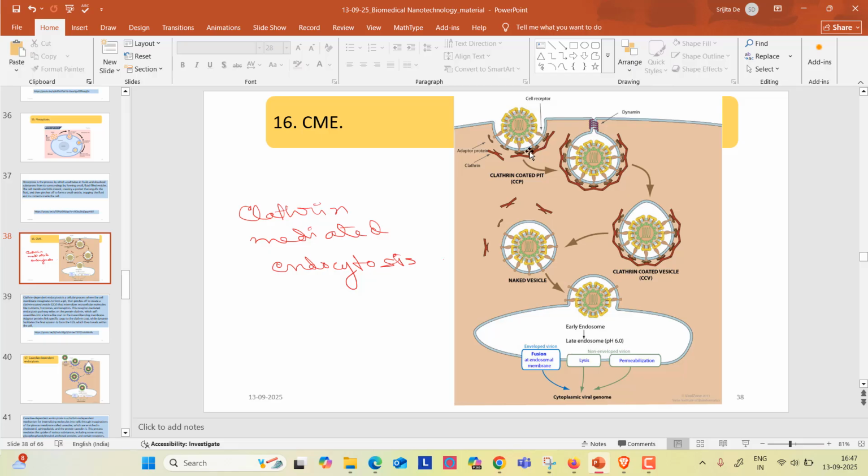They are forming a clathrin-coated pit. Clathrin is a fibril protein, and now a clathrin-coated vesicle is formed from this, and now these proteins are taken out, and this has become a naked vesicle, and this is going for early endosome.